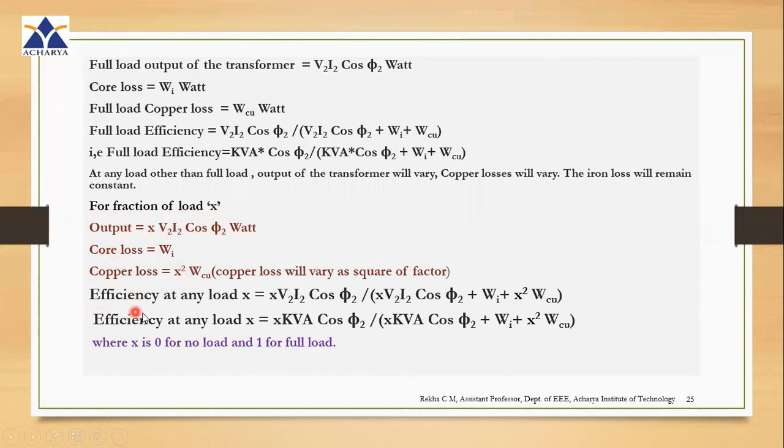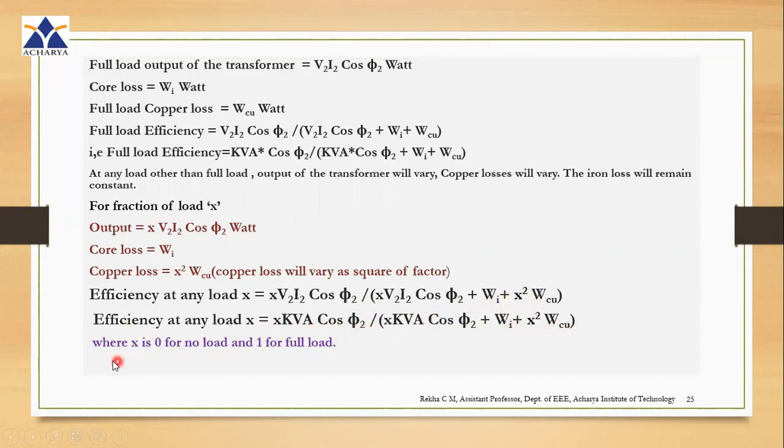Hence, efficiency at any load X can be written as X V2 I2 cos phi 2 divided by X V2 I2 cos phi 2 plus iron loss plus X square times copper loss. Therefore, efficiency at any load X can also be expressed as X into kVA cos phi 2, divided by X into kVA cos phi 2 plus iron loss plus X square times copper loss.